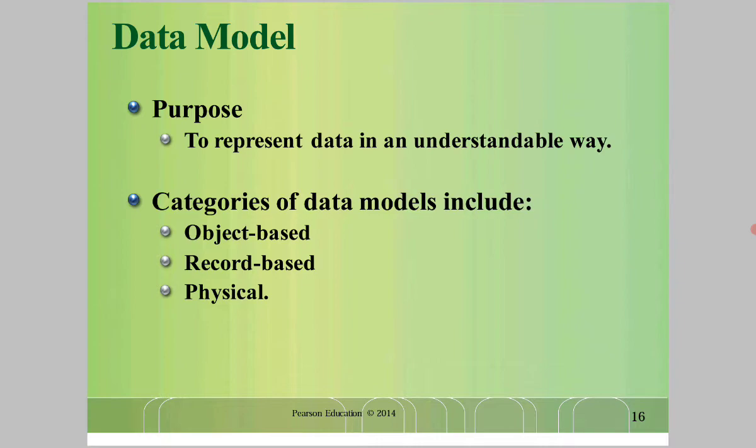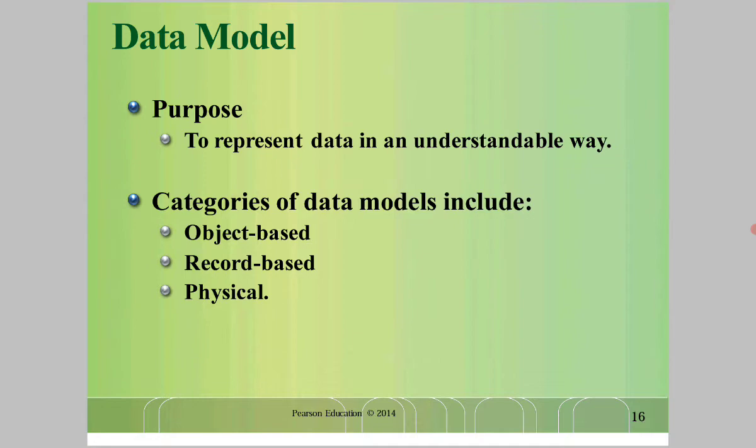There are many types of data models, like the hierarchical model, network model, relational model, entity relationship model, and object oriented model. What is the purpose of using a data model?